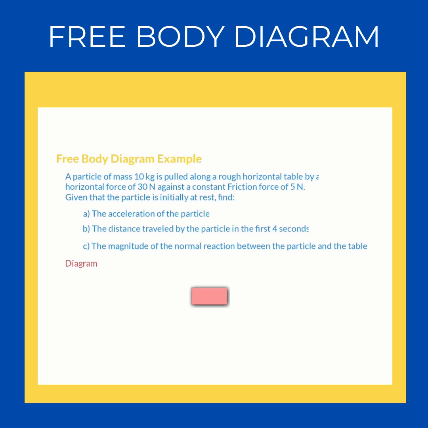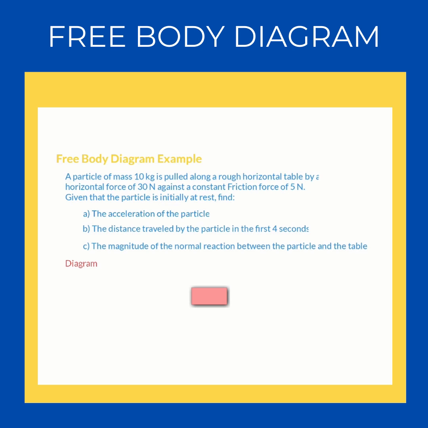Given that the particle is initially at rest, so the velocity when the time is 0 is equal to 0 meters per second, I have to find the acceleration of the particle, the distance traveled by the particle in the first 4 seconds, and finally the magnitude of the normal reaction between the particle and the table. So first, let me draw the free body diagram.